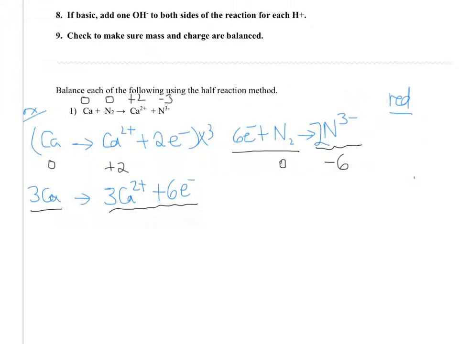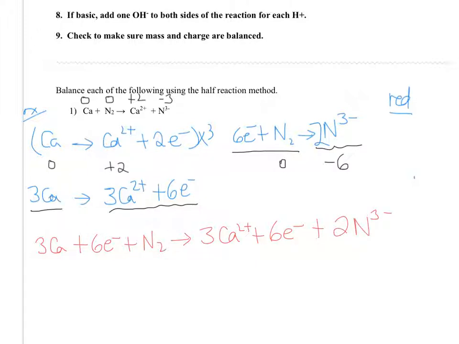So we would have 3Ca from here plus 6 electrons plus N2 yields 3Ca2+ plus 6 electrons plus 2N3-.